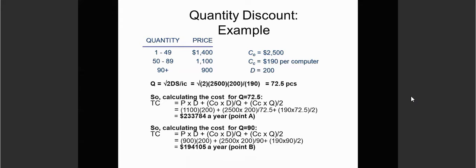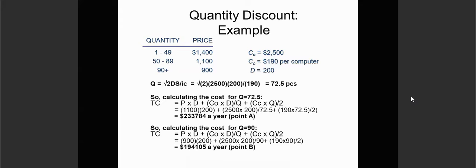So for the first step, regarding the carrying cost, we have information about a fixed carrying cost. The first step is to determine the optimum order quantity.